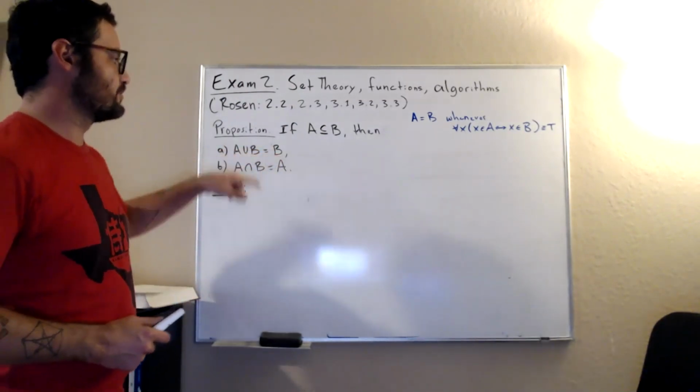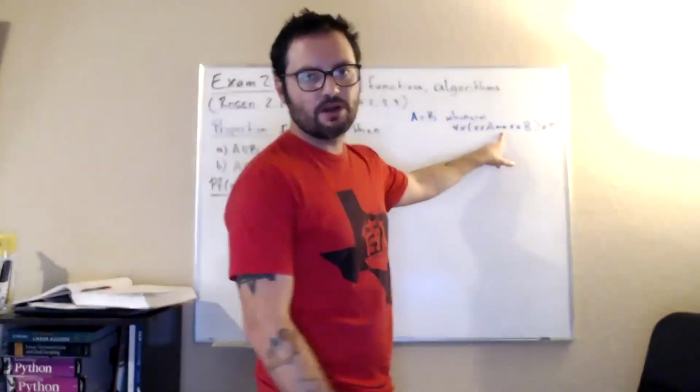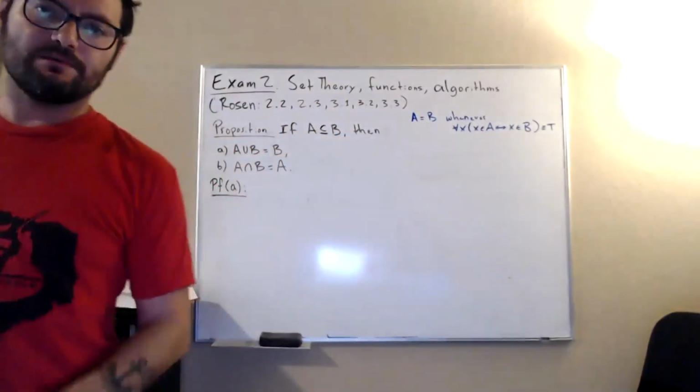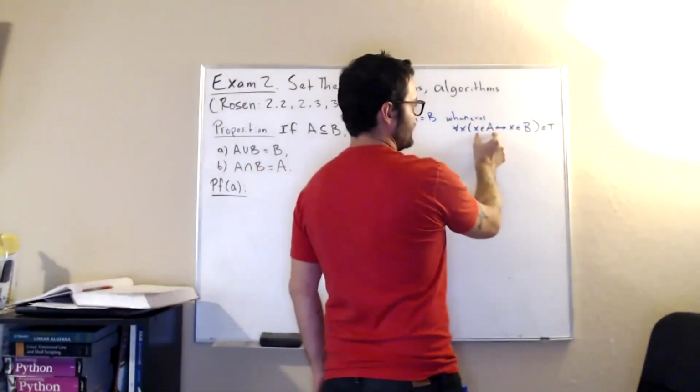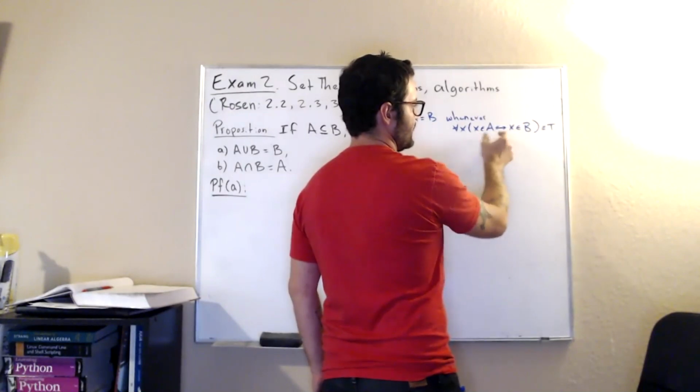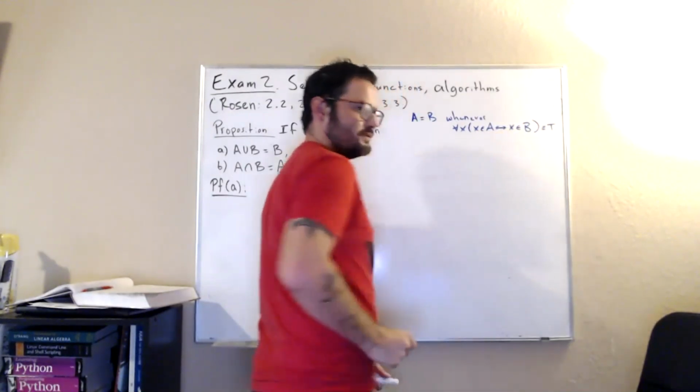If I pick an X over there, it better be over there. That's that biconditional operator from logic, right? This is only true when, if that's true, that's true, and if that's false, that's false.